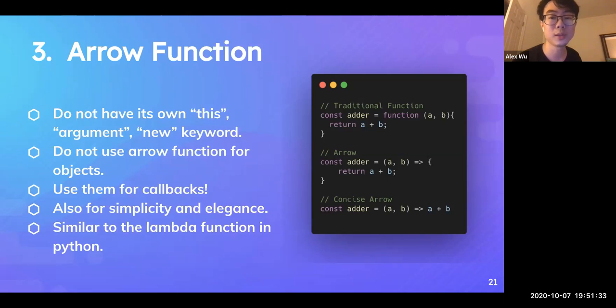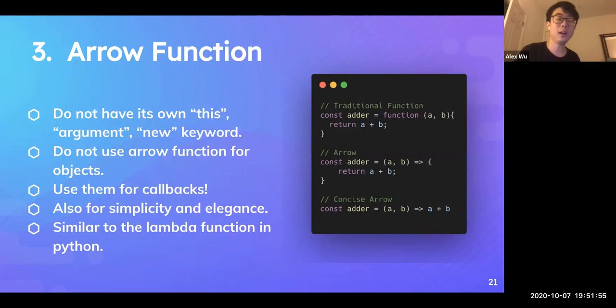What do we do with it? We use them for callbacks. So what's a callback? A callback is a thing in functional programming where you can pass a function to another function. Say you want to process a request and then do something else, for example, send a response back.